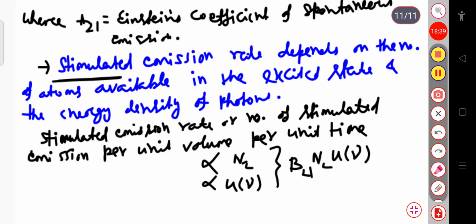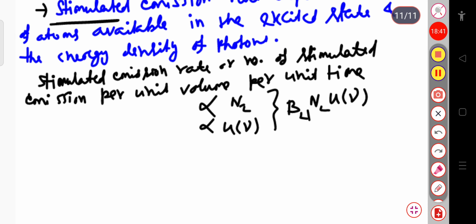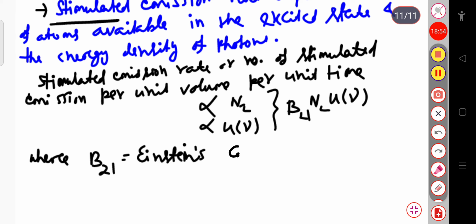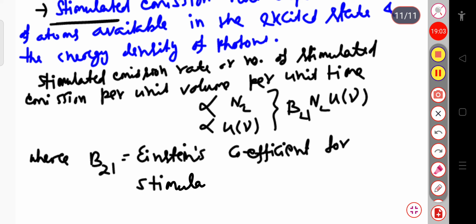Where B21 is the Einstein's coefficient for stimulated emission.